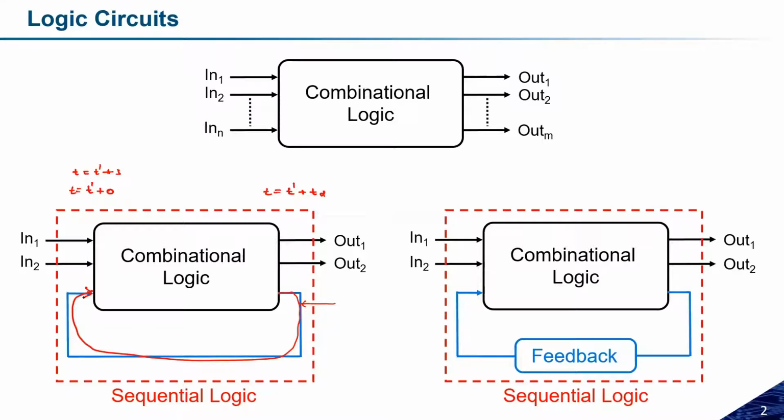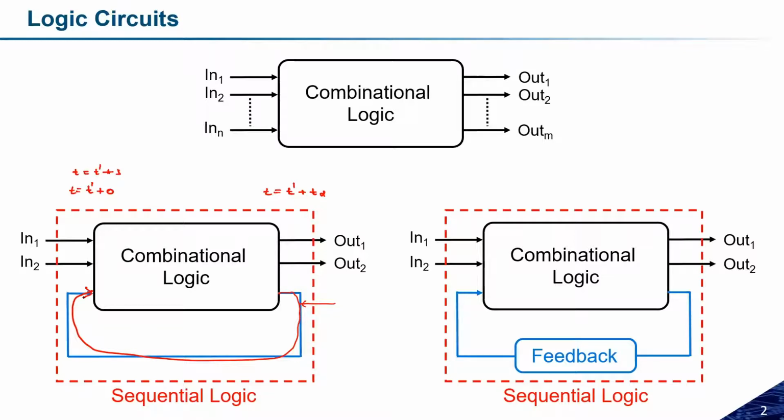So there could be some internal memory effect. Memory effect does not mean that there is always a memory element. It means that if somehow we can utilize the past value with the present value to get the future values, then there is some kind of operation acting like a memory.